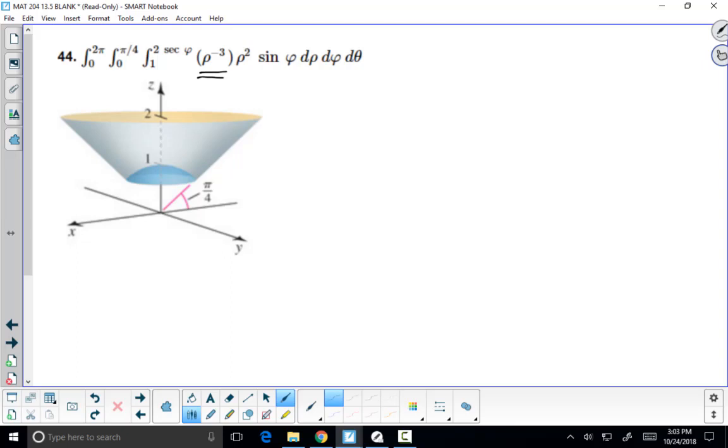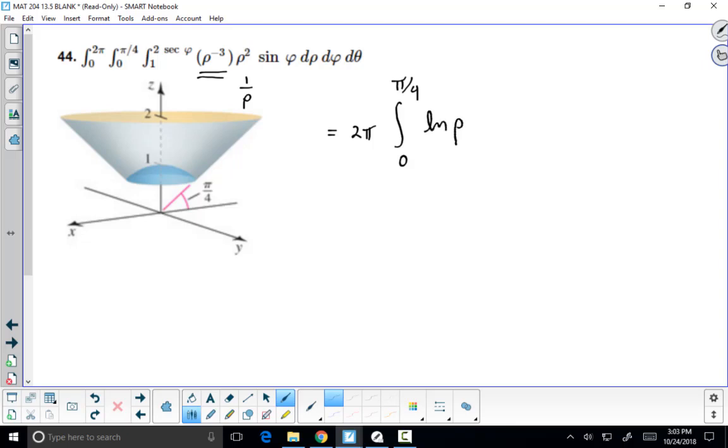All right. So can we get rid of the theta integral first? Yes. There's no theta, nor will there be a theta. Okay. So there's the middle integral, and then on the inside, doesn't this just all boil down to 1 divided by rho? So the integral of 1 divided by rho is the natural log of rho.